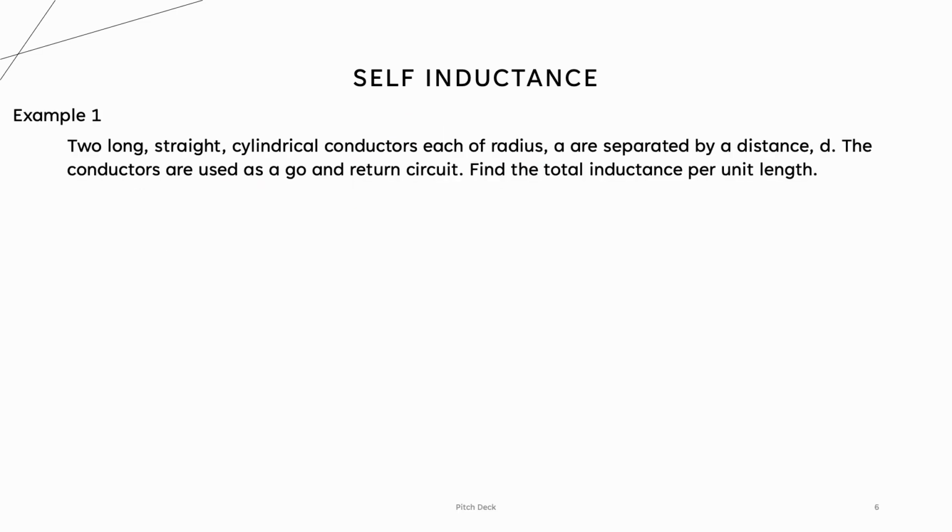Now let's look at example number 1 for the self-inductance, a structure that produces its own inductance. There are two long straight cylindrical conductors, each of radius a, separated by the distance d, and the conductors are used as go and return circuit. Find the total inductance per unit length for that particular structure.